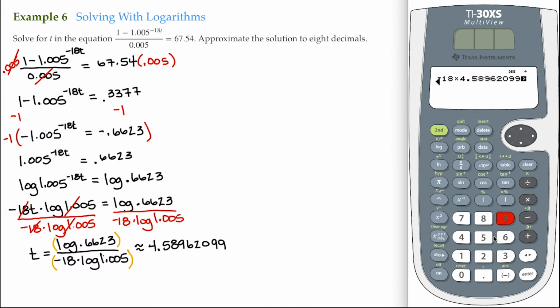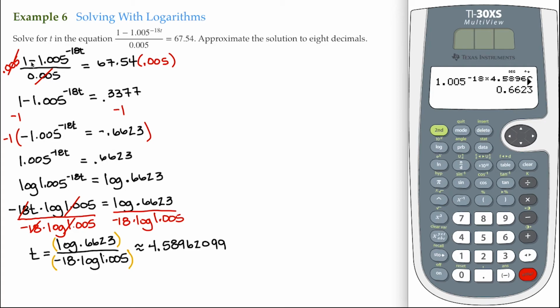You see that up there? Hit enter. So this right here, when I replace the variable t with its value, comes out to be 0.6623. And look at this right down here.